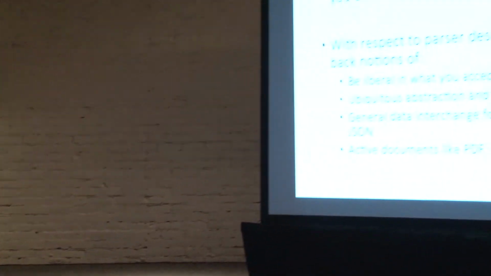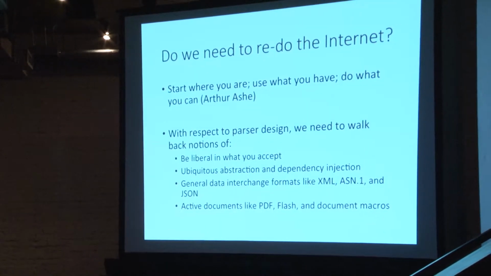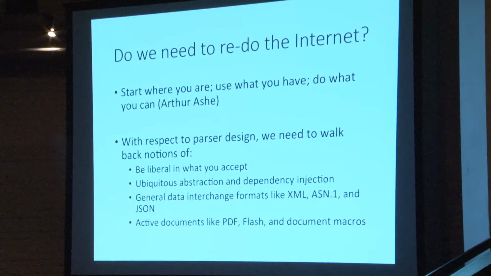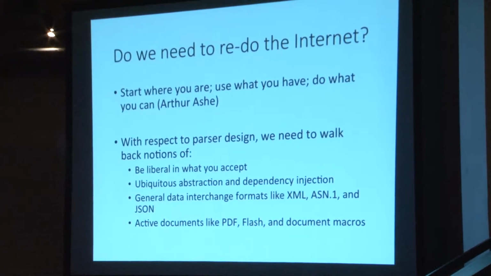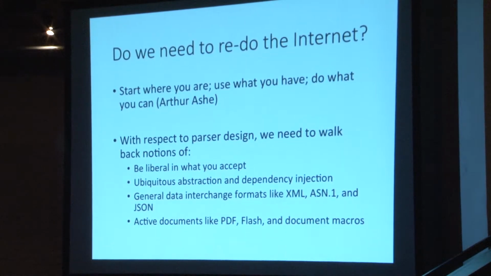People ask me this a lot. Ultimately, the answer is, well, kind of. We have a lot of walking back to do. And this is just one part of that. I hope that in the future, people will propose new protocols that follow this recommendation and avoid that type of complexity, avoid general purpose computing that you can just kind of foist on other people before they can tell whether it's right to do it or not.